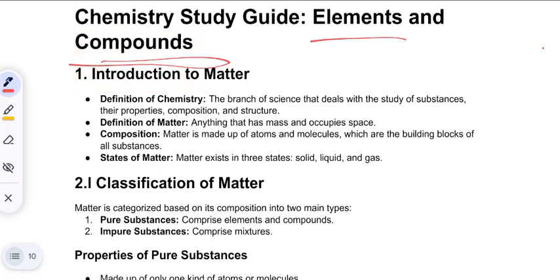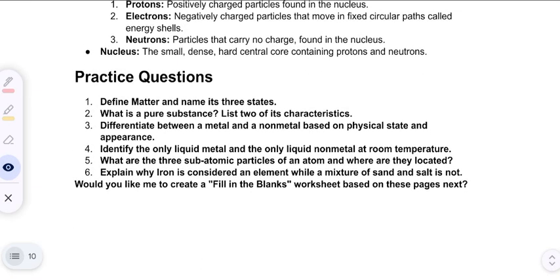The questions which I have given, practice those and study from your textbooks as well. Let's meet in the second part, in which a detailed description of compounds will be given.